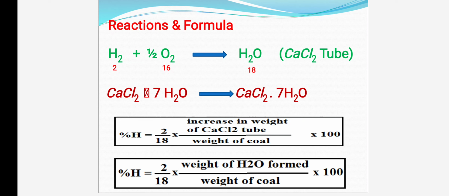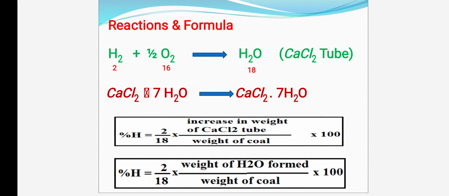For getting one molecule of H2O, we require 2 hydrogen, so its molecular weight is 2, and 1/2 oxygen molecule means 1 oxygen atom, so the weight is 16. So 16 plus 2, what is the answer? 18. So the weight of produced H2O is 18.